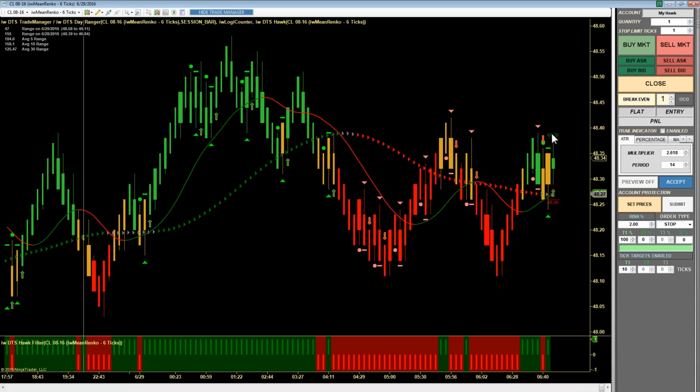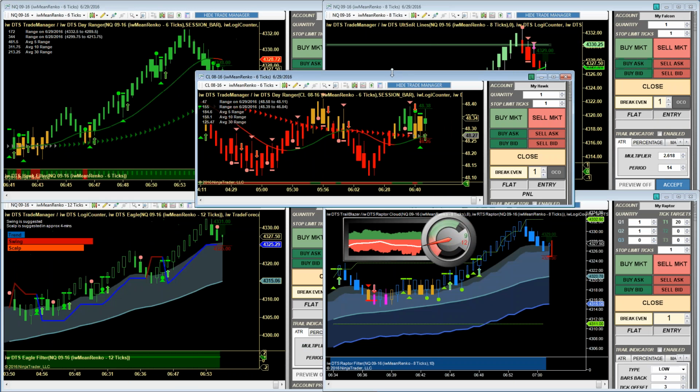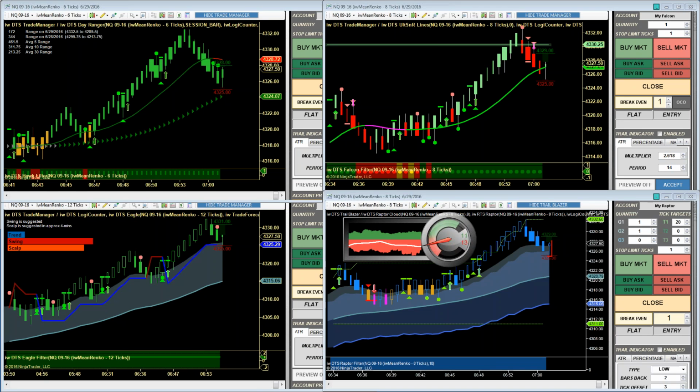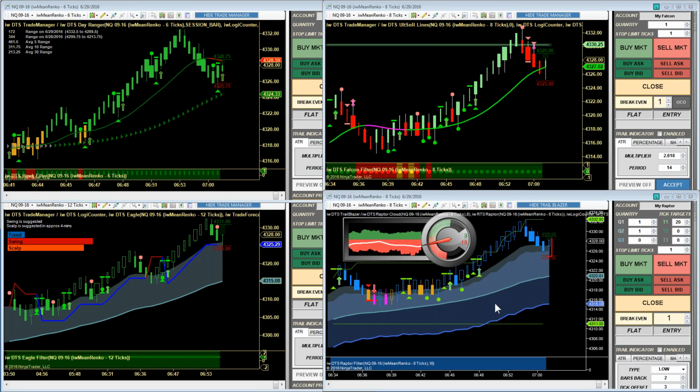Very, very difficult trading. So when we see the Hawk with all these yellow bars, that tells us the market is sideways and we're going to avoid trading, or at least wait till it gets outside of the trading range or something to that effect.